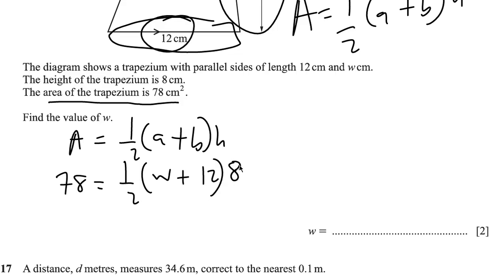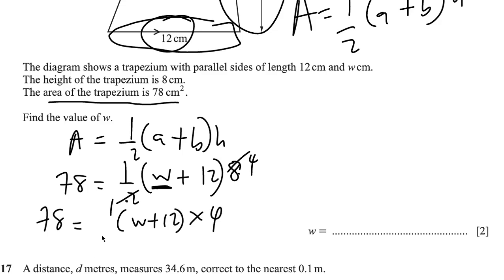So you can see that the main goal is to get a value of W. So 8 can divide 2 to give us 4. So we can see that 78 is equal to W plus 12 times 4. So we divide both sides by 4.